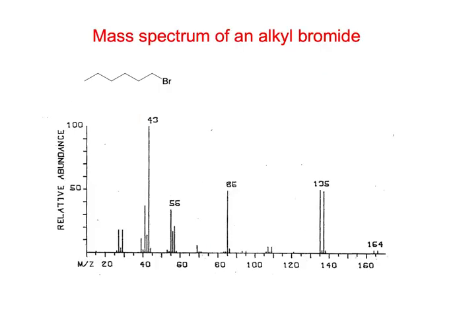All right, so halogens. We've seen them. Now we see the molecular ion is up here, 164 and 166, because we have the M+ and the M+2.